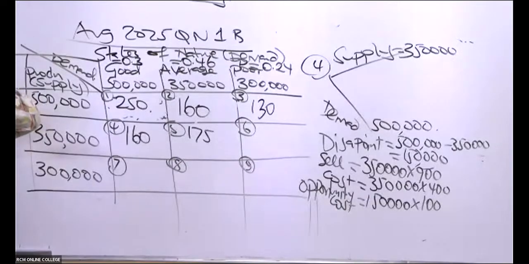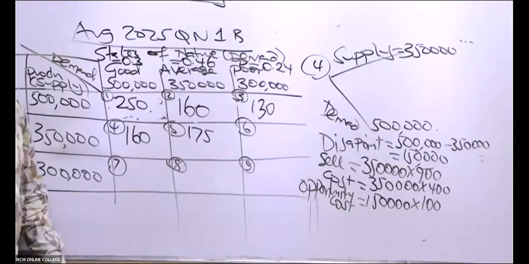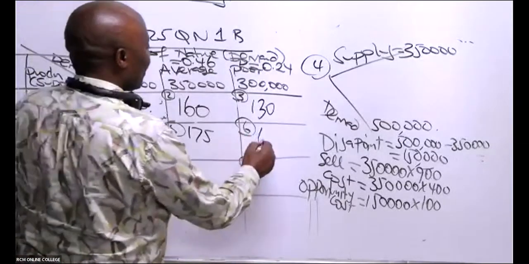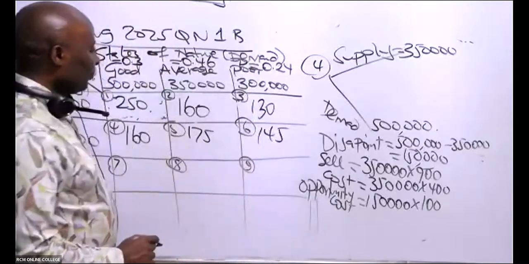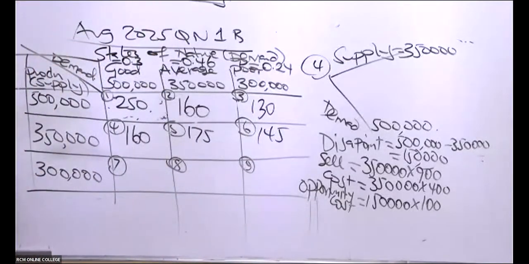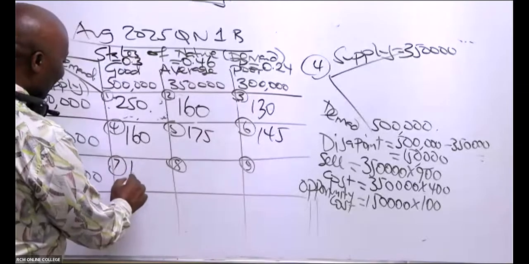Cell 6 from this gentleman, 145. So now I'm waiting for cell number 7. Cell 7, 130.